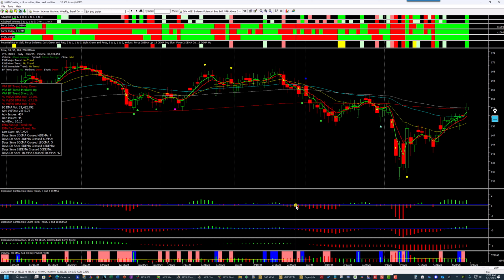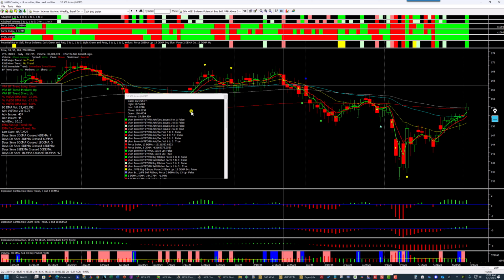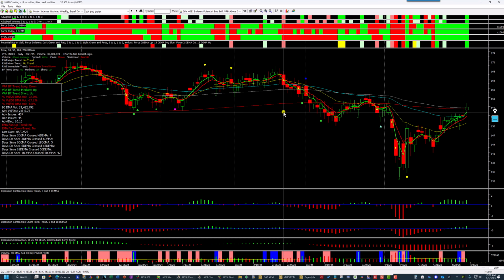Now let's go back here to this day right here. You can see that the 3 crossed down through the 6 on the S&P 500 on this date, and that day was Friday the 21st of February. On that day, at the same time, you can see there was a moderate sell signal on here.